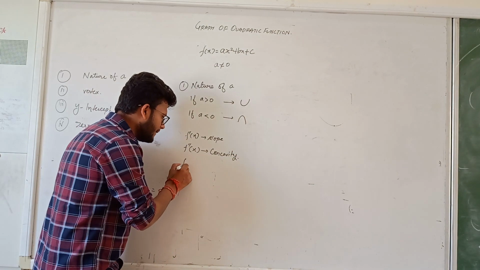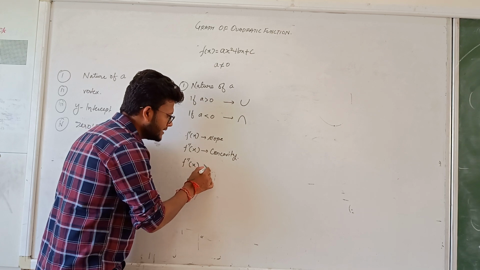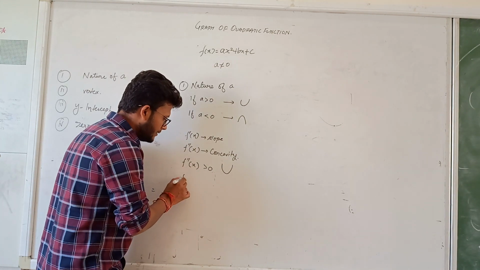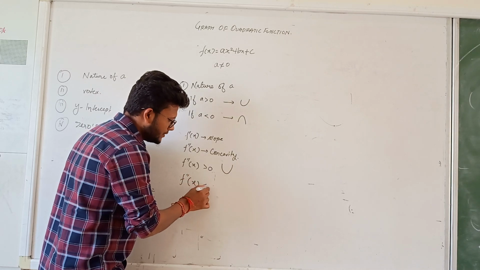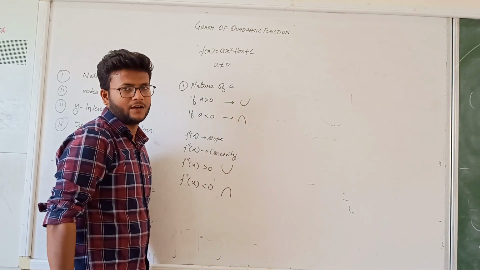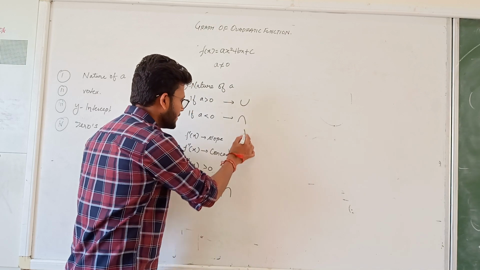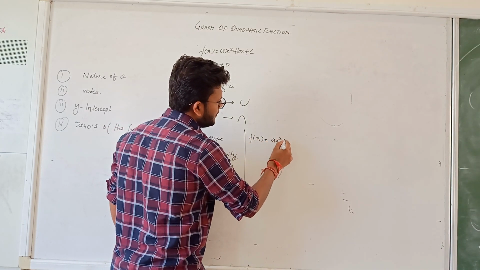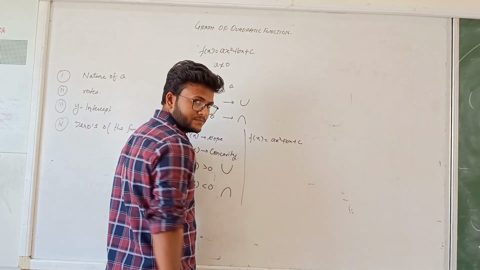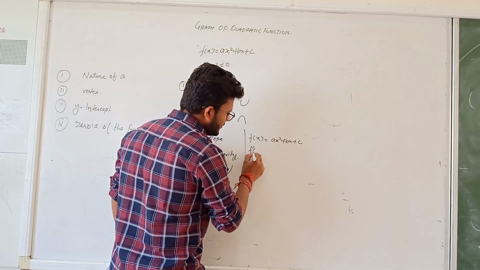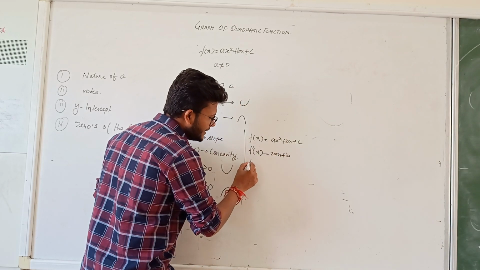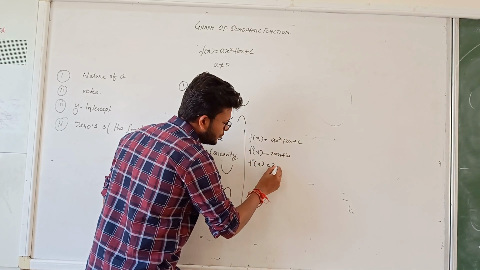When the double derivative of the function is greater than 0, we call it concavity up. When it is less than 0, we call it concavity down. Since the function is f(x) = ax² + bx + c, the first derivative is 2ax + b and the second derivative is 2a.